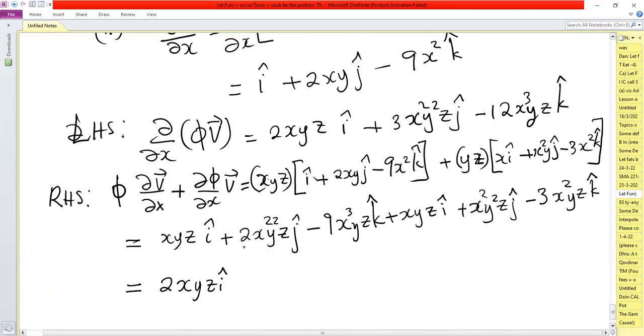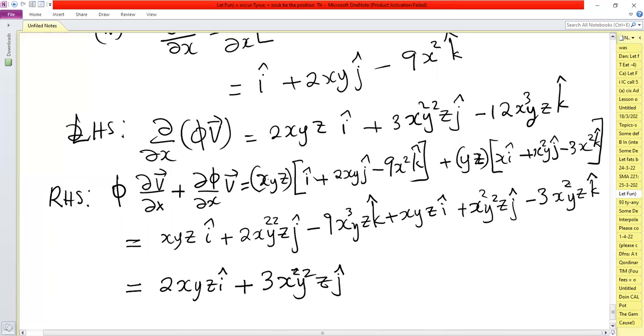And then 2x squared y squared z j plus x squared y squared z j, there'll be three of them. And then minus 9x cubed yz k.